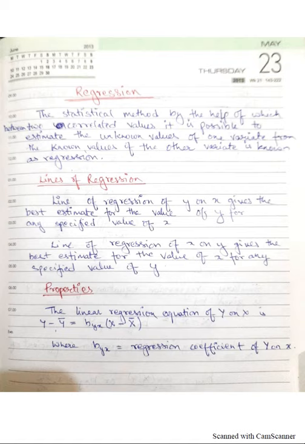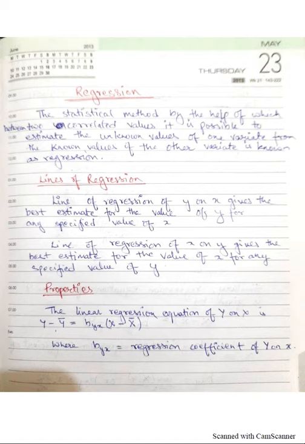So in our syllabus we require to do linear regression, that is we find a linear relationship between x and y, and then correspondingly we find an equation using which we can estimate the value of one variable when the value of the other variable is given.